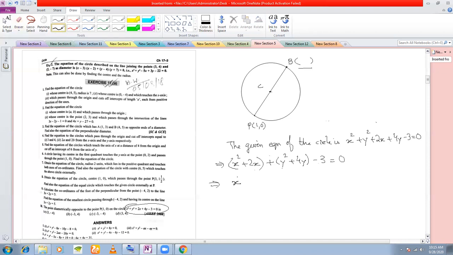Let us first write it in the form x square plus 2ab, and here y square plus 2 into 2 into y, 2ab. Now you write this as x square plus 2 into 1 into x. The b square term is missing, so you add the term b square. But since you have added this, you subtract this also.